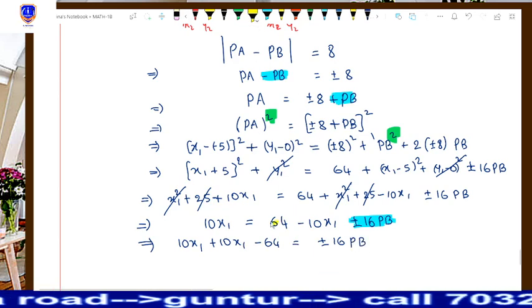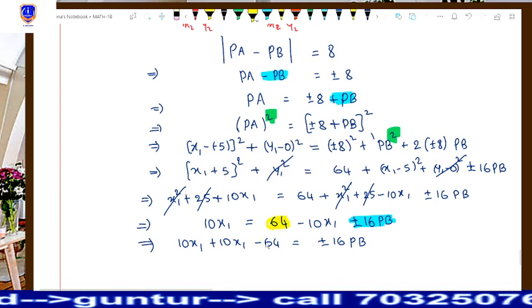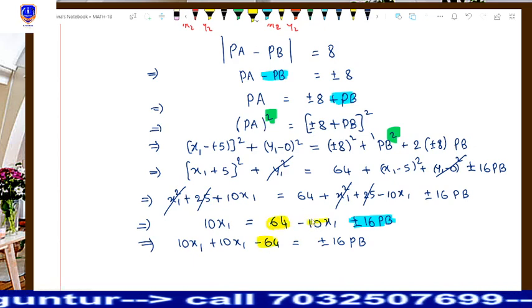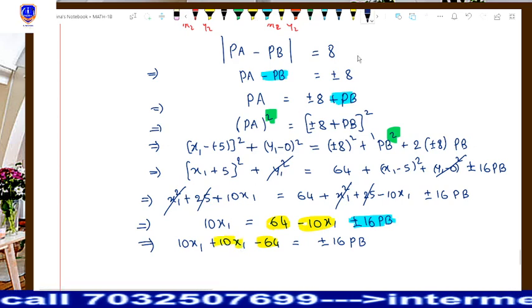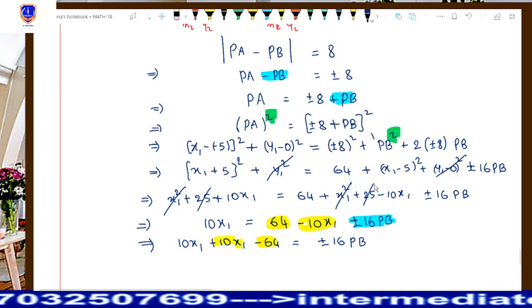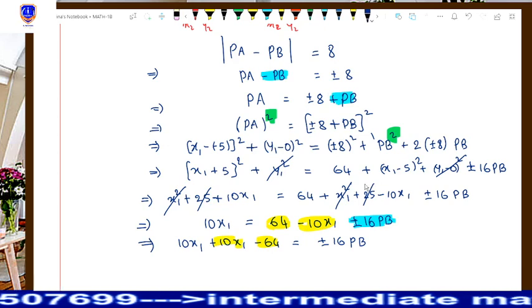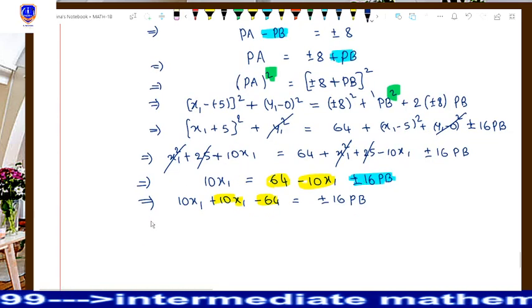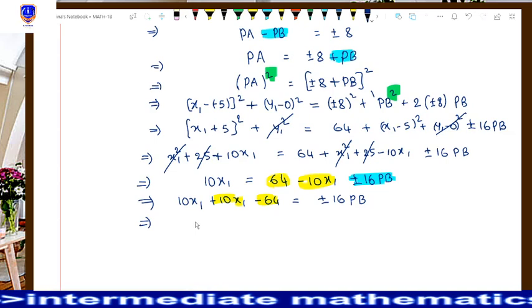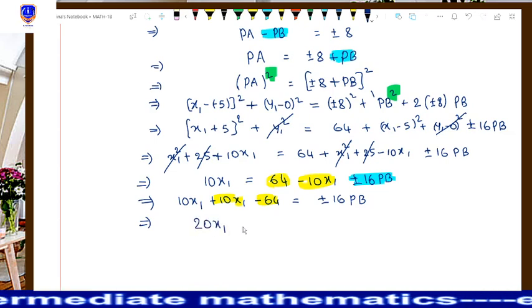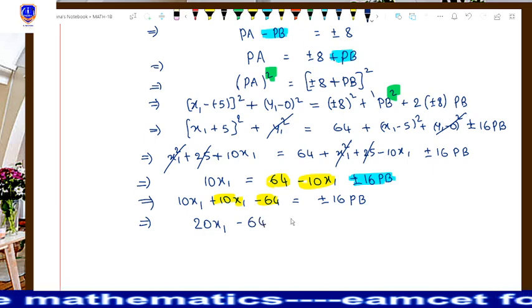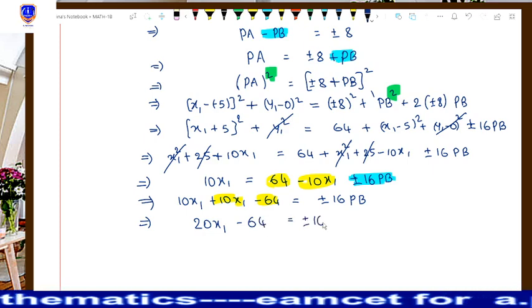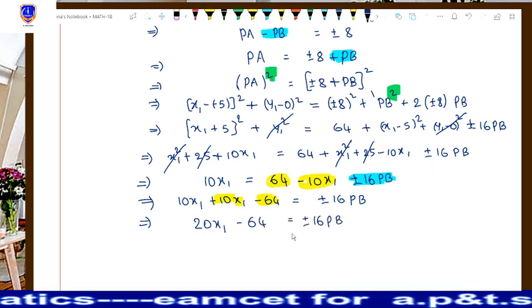I just moved this 64 here and also this minus 10x1 here. 10x1 plus 10x1 is 20x1 minus 64 equal to plus or minus 16 pb.